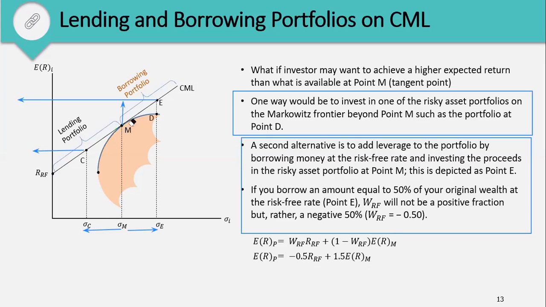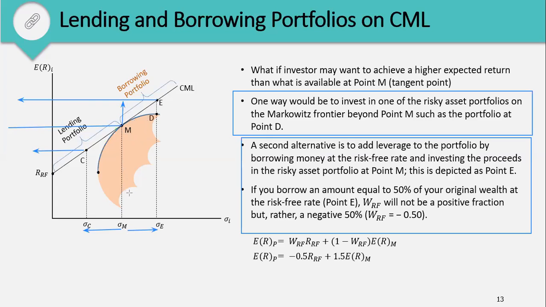Actually, to be precise, the highest excess return, right? So I am going to invest all of my money in the market portfolio. But by doing that, I only get this much of return and this much of risk.